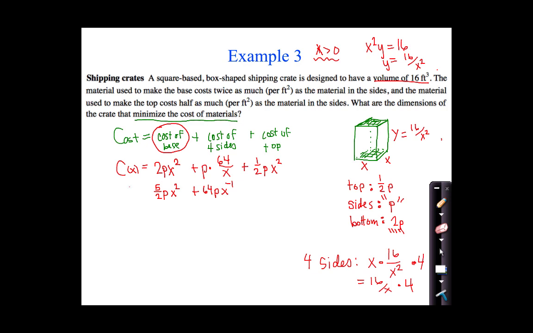So there, that looks a lot less awful. Now, that takes a lot of work to get to that point. It's a lot of planning and plotting, thinking about volumes of boxes, thinking about surface areas of boxes, cost per square foot, and relative cost per square foot, in fact, and combining some coefficients and like terms and rewriting things in exponent form.